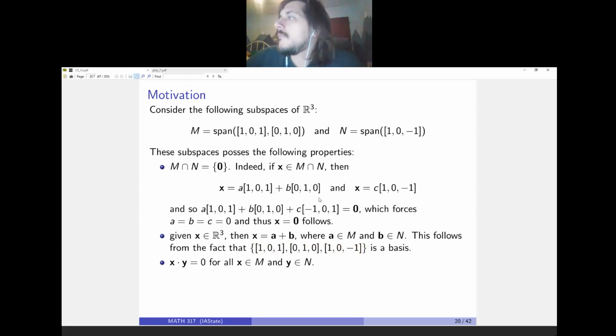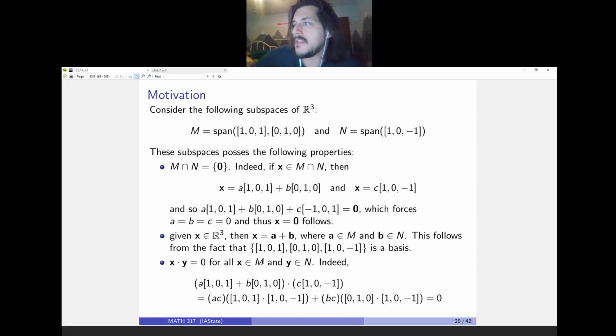Okay. And the dot product of x with anything out of m with anything out of y, the dot product there is equal to 0. Right, and then that's just a quick little calculation. Do this dotted with that, you'll get this. And this dot products to 0, because 1 dot over 1 is 1, 0 dot over 0 is 0, 1 dot over negative 1 is 0.